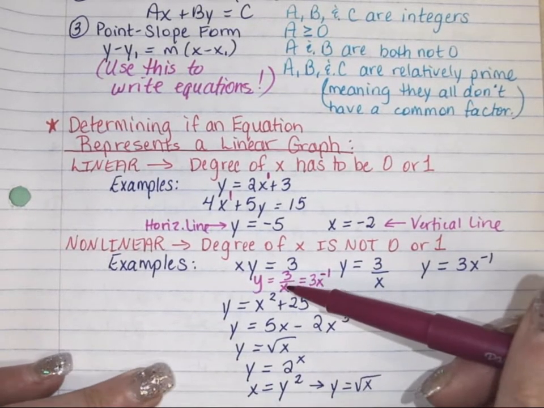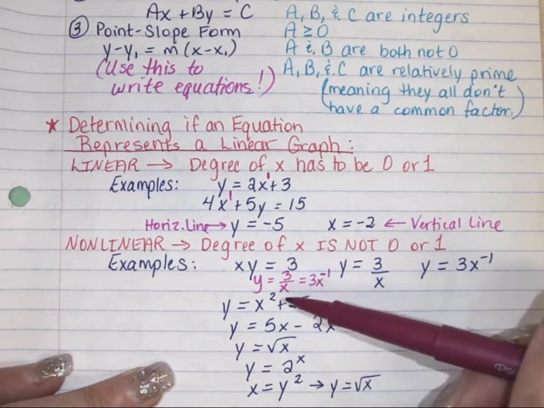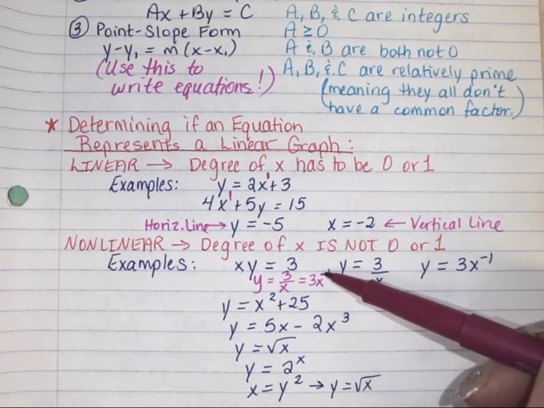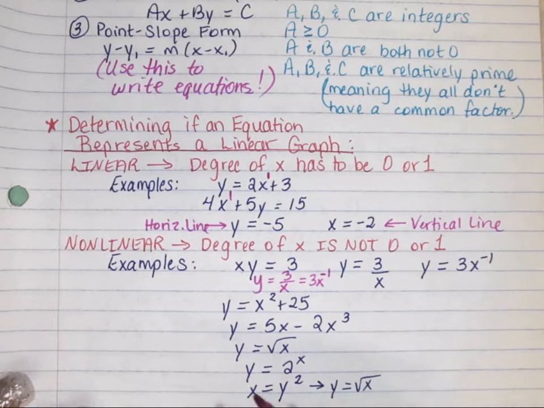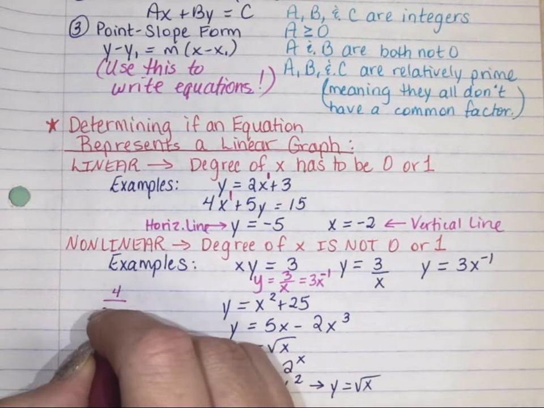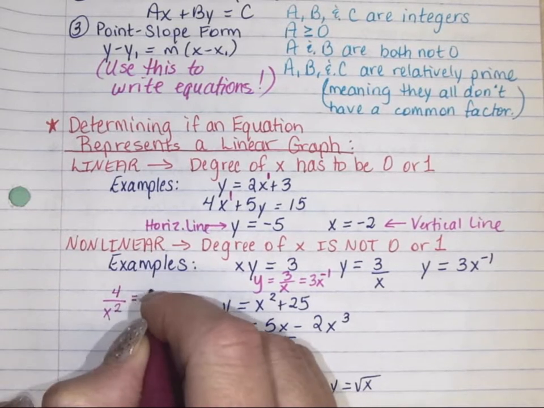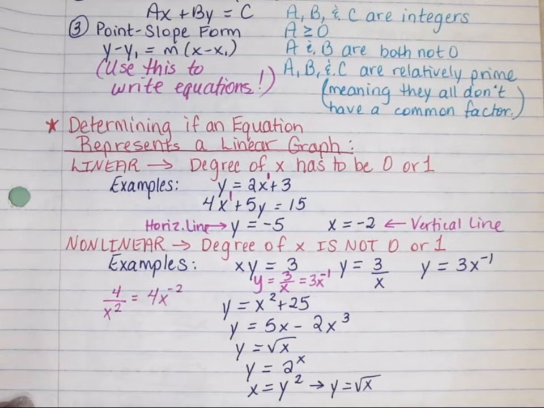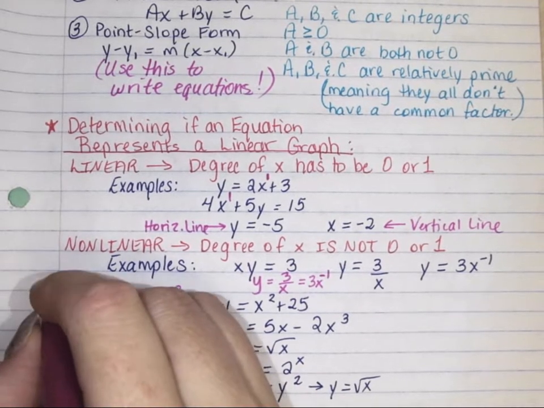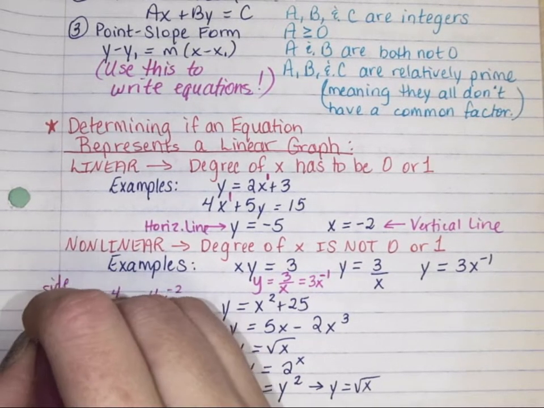Remember, you can take a variable and flip it to the numerator or denominator as long as you change the sign of its exponent. So for example, really quick, if I have 4 over x squared, that's also equivalent to 4x to the negative 2. That's a side lesson on exponents.